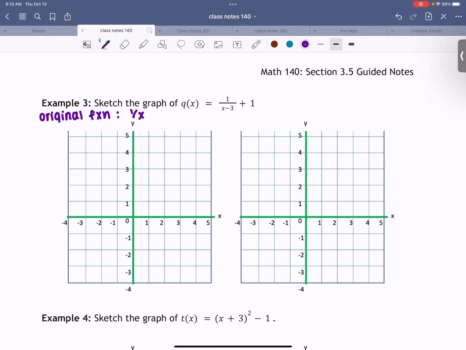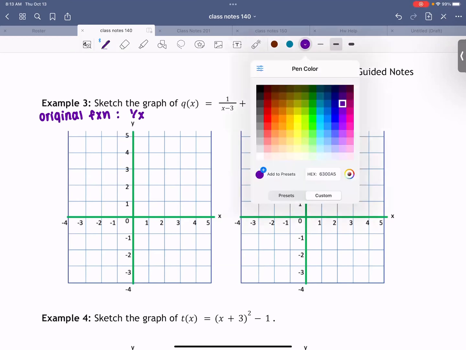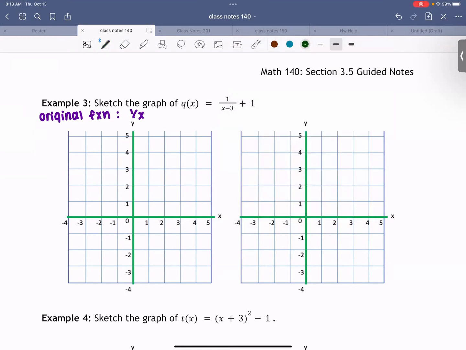And from our previous work yesterday, we knew that the 1 over x function had two asymptotes, and that was the x and y axis. And I said, you can just draw them using dotted lines, but you definitely have to mark that they're there. Okay. There were 2 points on the 1 over x function. It was 1, 1, and -1, -1.